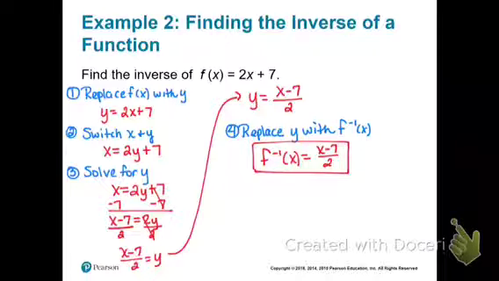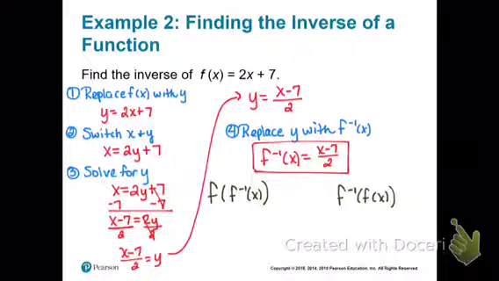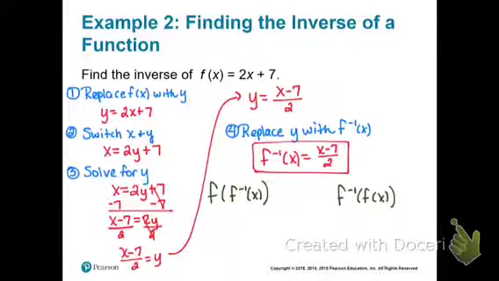So if it told me to verify it, I would take f of our inverse and work that out, and I'd have to take the inverse of f and work it out, just like we did in the previous example, okay? And what should they both equal? They should both equal x, because we said we found the inverse, right?